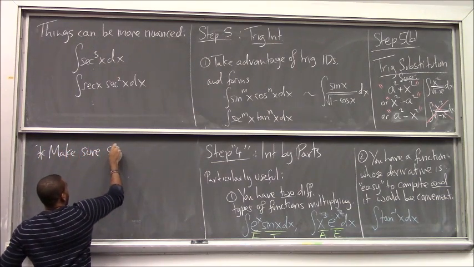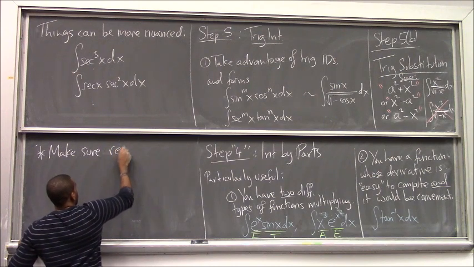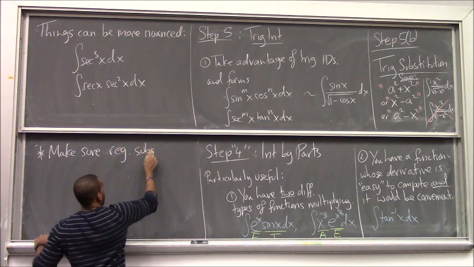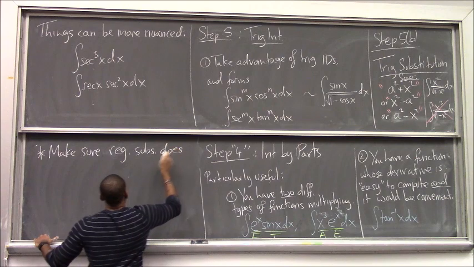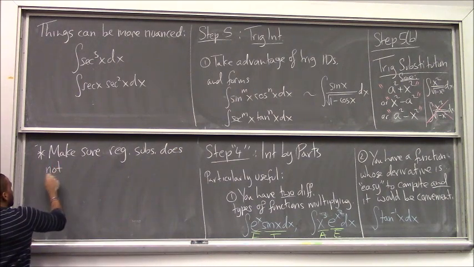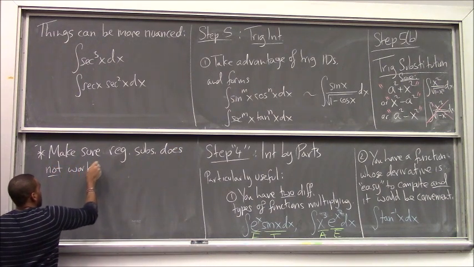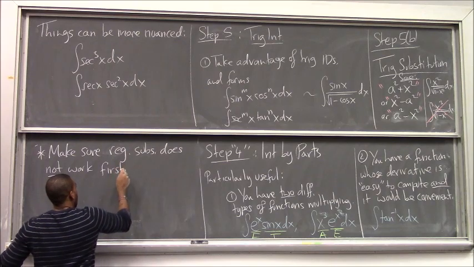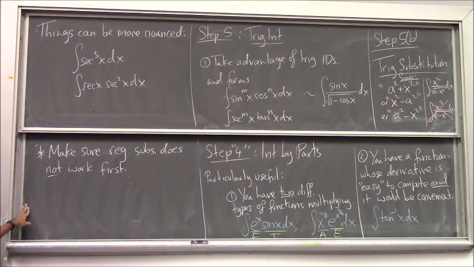Ensure a regular substitution does not work before actually trying this. Because you can waste a lot of time going through a trig substitution if a regular substitution would work.